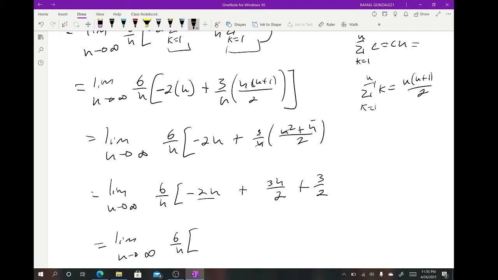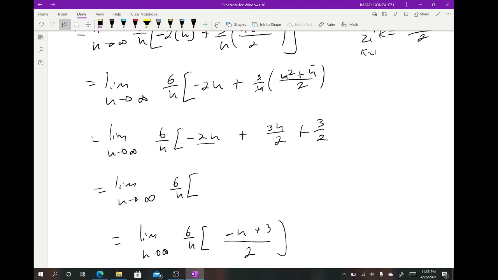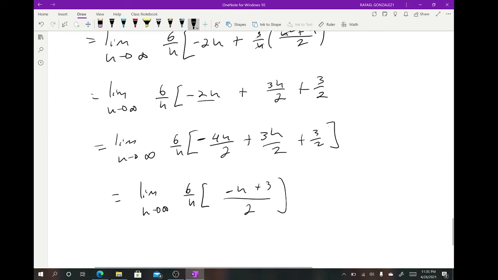That's what we get here, because you multiply the 3 into it, so you get 3n squared plus 3n, and then when you divide by n, they cancel out, and you still have the 2 there for each of them. Oh boy, that was a close one. All right, so now what we really have is negative 4n over 2 plus 3n over 2 plus 3 over 2. So now we could combine all of this.